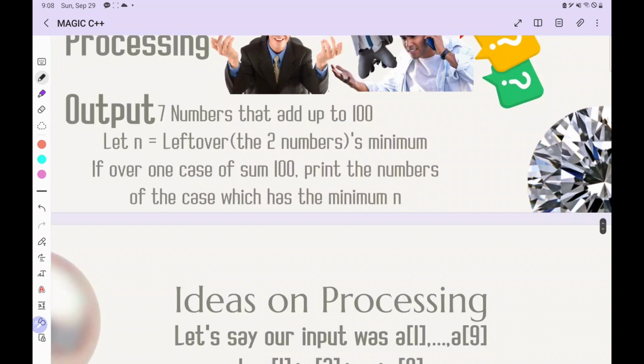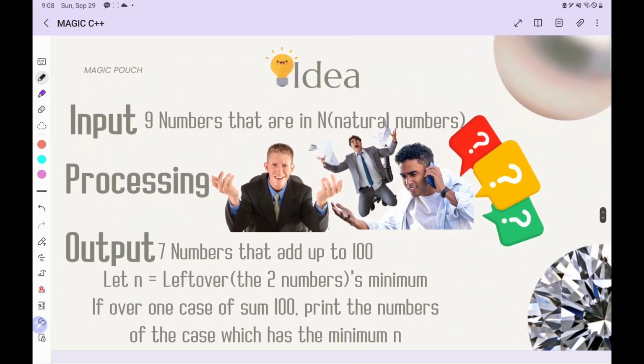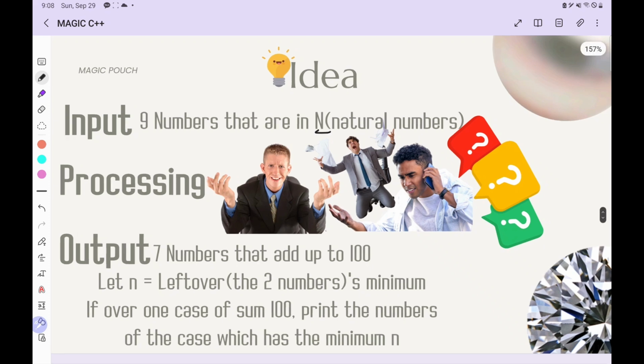So, the idea of this problem is the 9 numbers that are in set N, which are natural numbers. You know that if you did math, probably in grade 10 or 11.